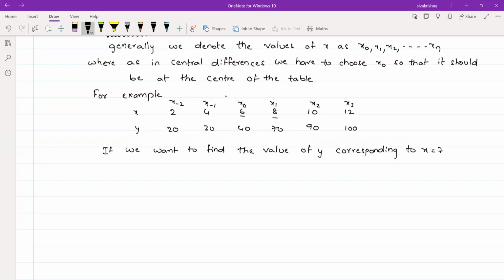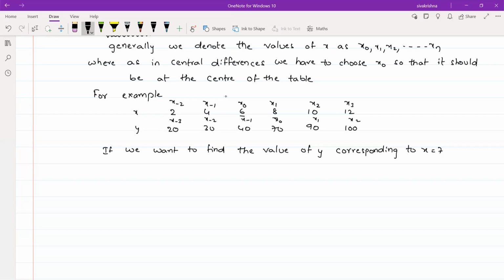Suppose we have chosen 8 as x0, then after that we have x1 and x2, and the values before x0 should be treated as x suffix minus 1, x suffix minus 2 and x suffix minus 3. In central differences we have to choose x0 in this way.